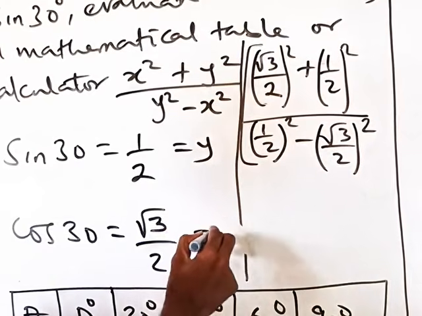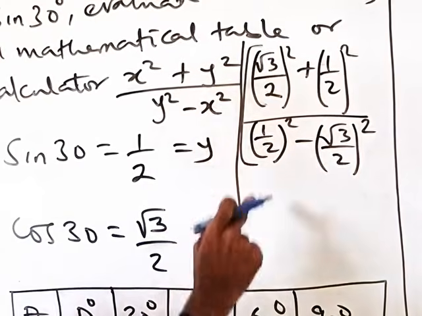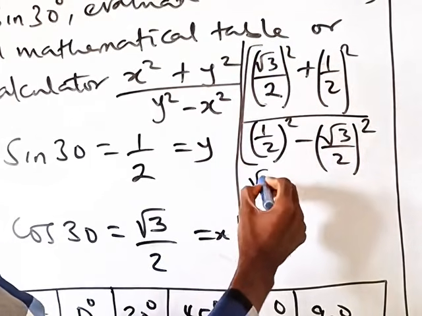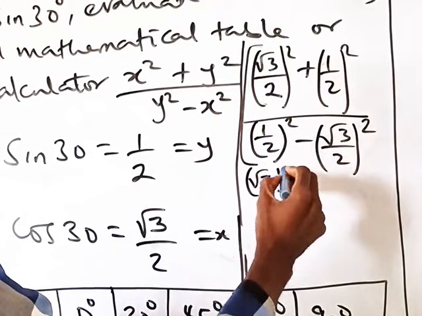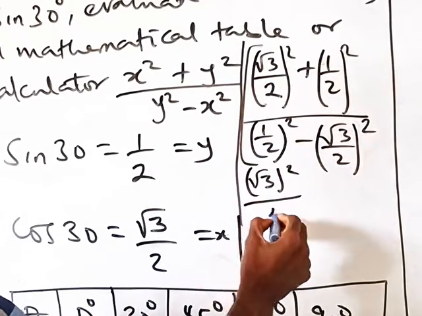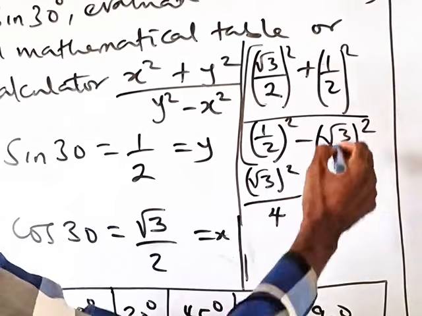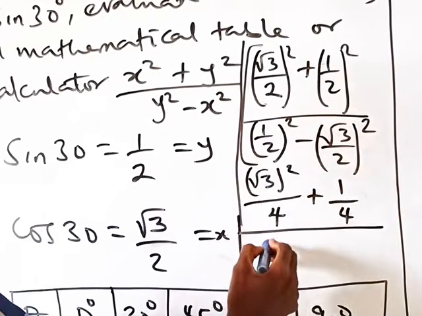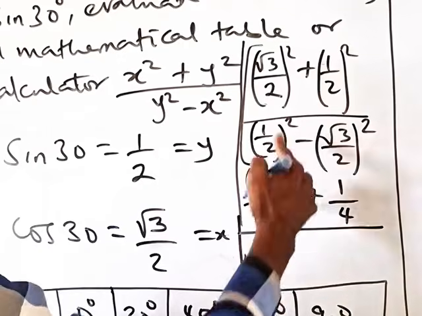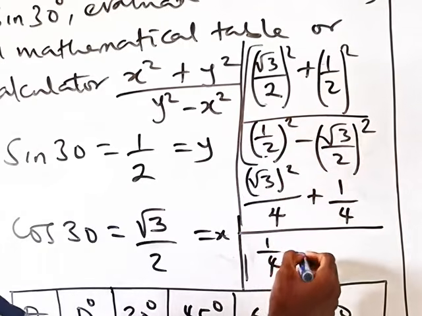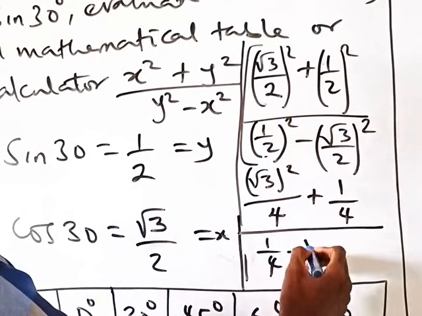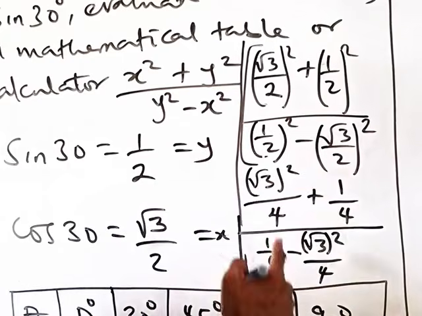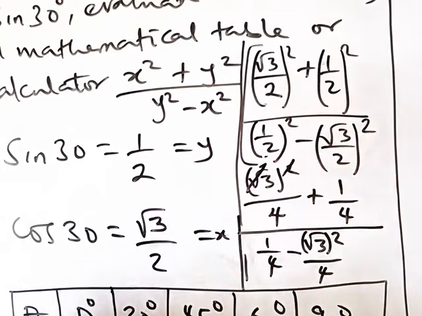So this is going to be our x. If I'm going to open this bracket, it's going to be root 3 squared over 2 squared, that is 4, plus 1 squared is 1, 2 squared is 4, all over 1 squared is 1, 2 squared is 4. You remember this squared is for what is up and down. Minus this will be root 3 squared over 4. Root 3 squared, so this cancels this.